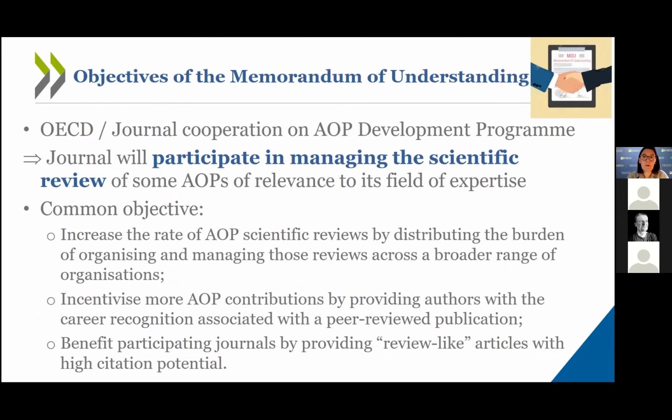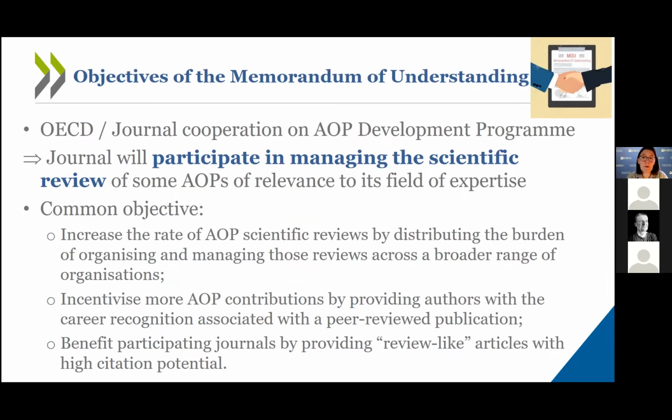So as mentioned, the scientific review step currently limits the AOP expansion. In order to make the process sustainable, the OECD is seeking the participation of scientific journals in OECD and journal cooperative activities, where the journal would participate in managing the scientific review of some AOPs of relevance to their field of expertise.